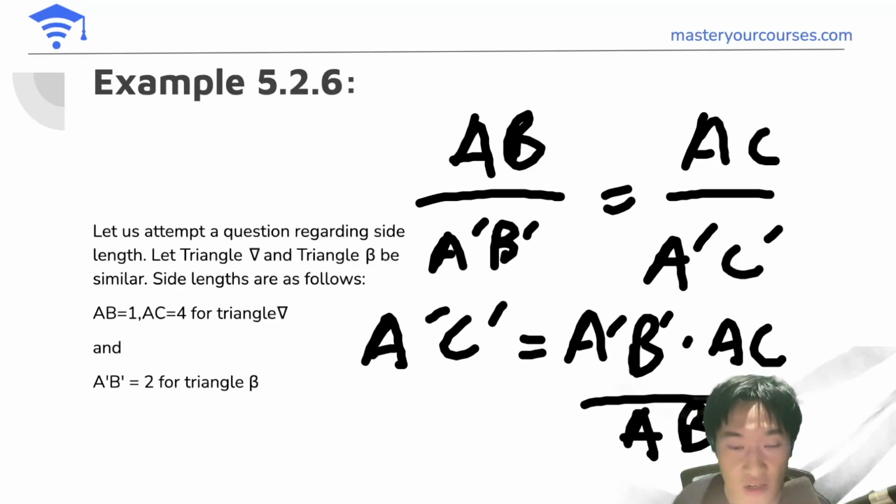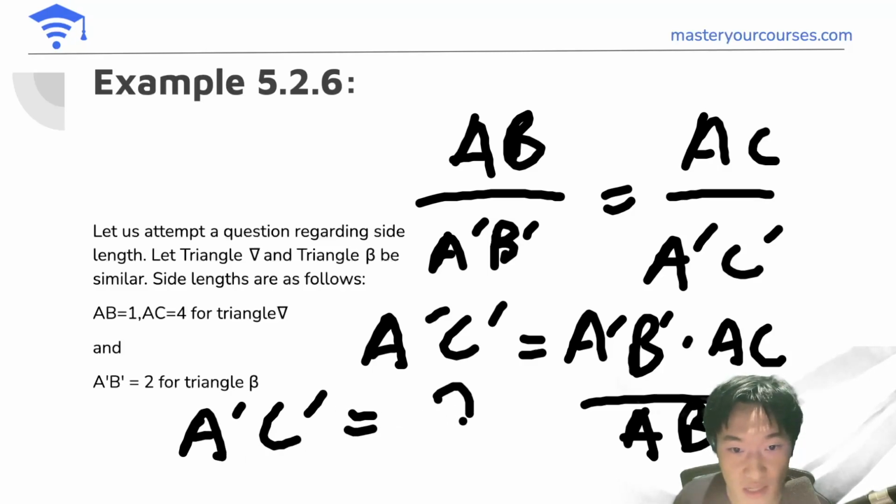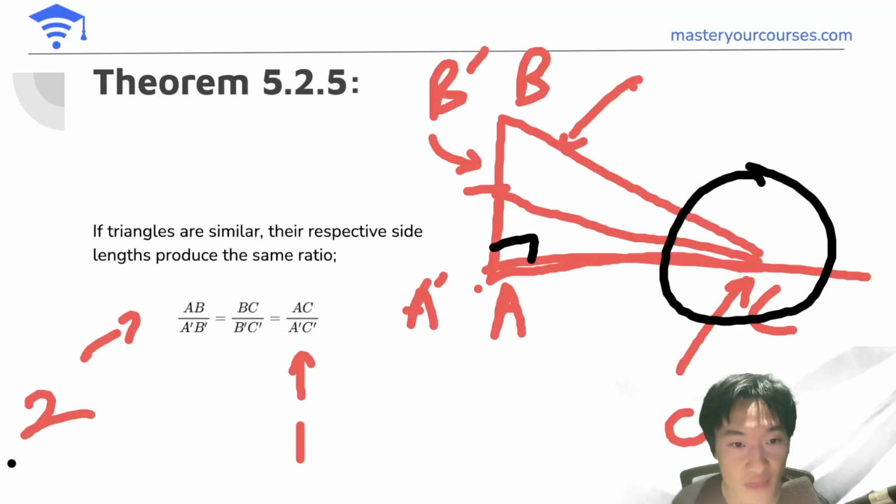And all of these on the right side have values: AB is equal to 1, AC equal to 4, A prime B prime equal to 2. So A prime C prime is just equal to 2 times 4, which is 8. And so you have a great way of calculating side lengths and deriving them through what you know about similar triangles and their ratios.